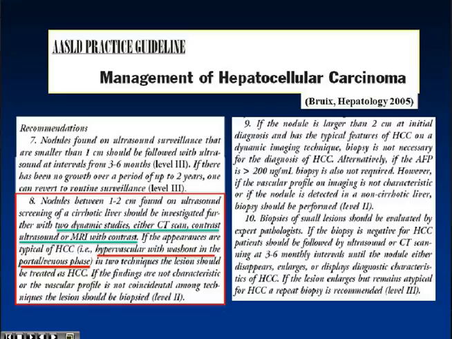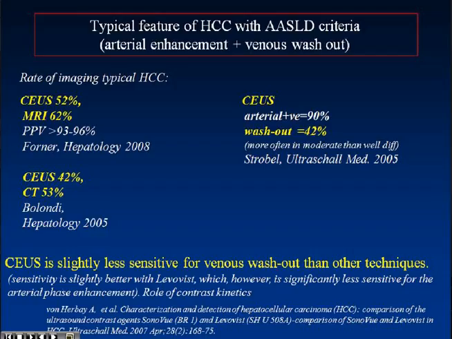Washout was asked to be there in the criteria in order to avoid that transient hyperattenuating defects or fistula could be misdiagnosed for cancer. So you have to have washout, and you have two concurrent techniques, then you make a diagnosis of cancer. This is to show that for the detection of washout, CEUS is less sensitive than CT or MRI.